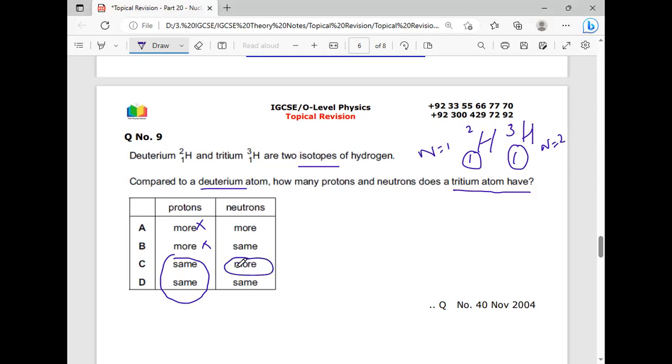So same protons, more neutrons, and option C is the correct answer. First of all, you have to calculate the number of neutrons. And obviously by definition, same number of protons but different number of neutrons. Now different will definitely be more or less, depending on the statement of the question.